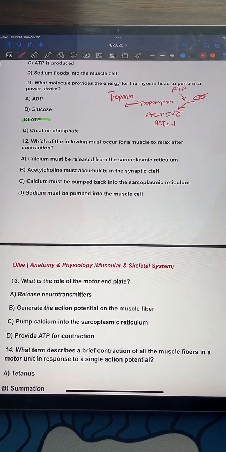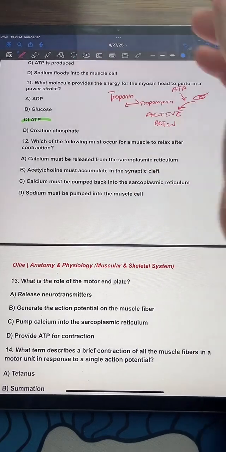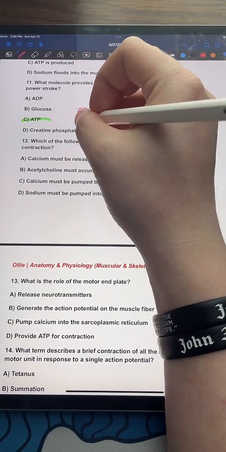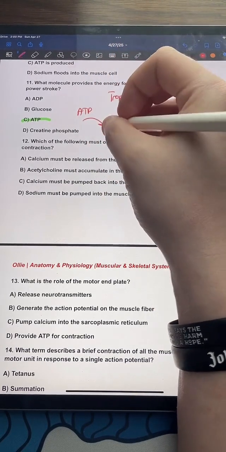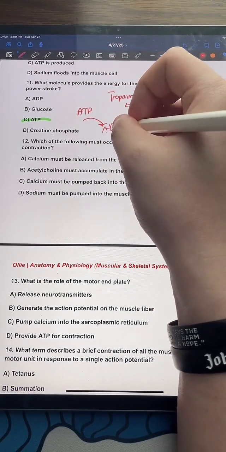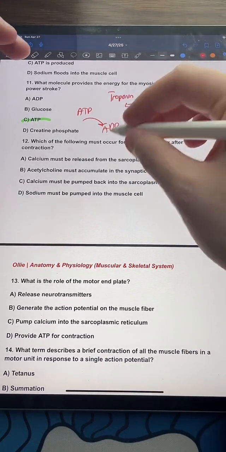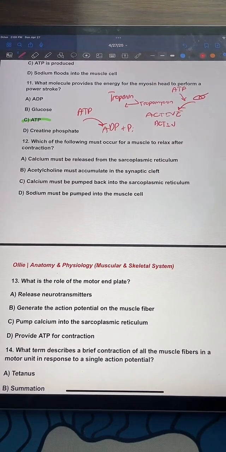ADP is the result after. Once we use the energy from ATP, ADP is released, plus an inorganic phosphate, and it'll circulate freely to gain another phosphate to become ATP again.